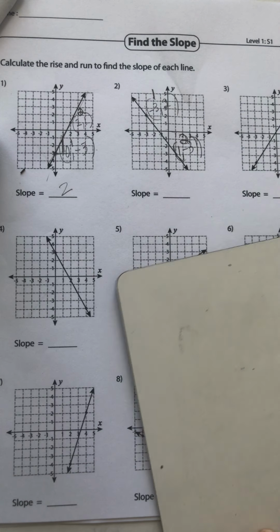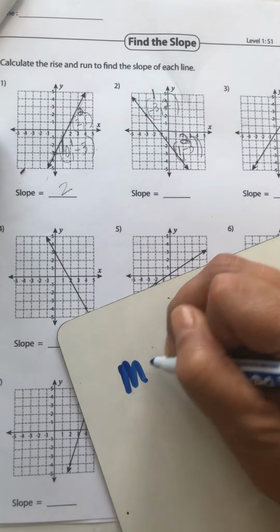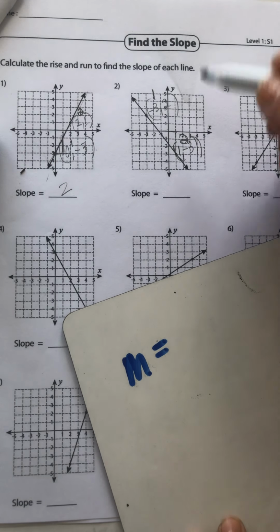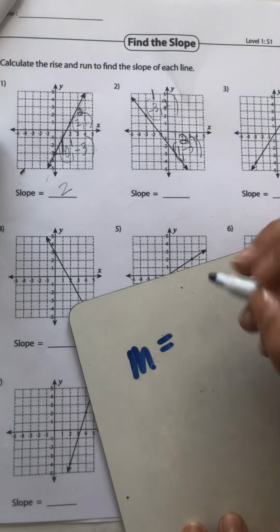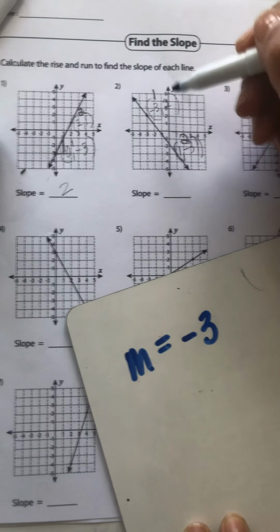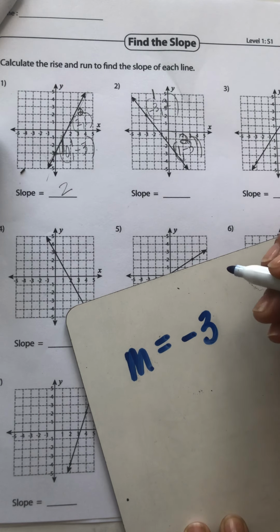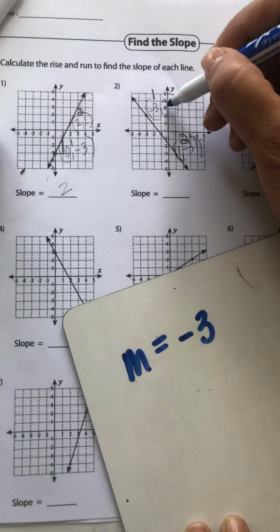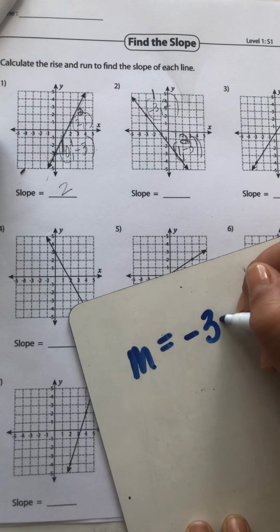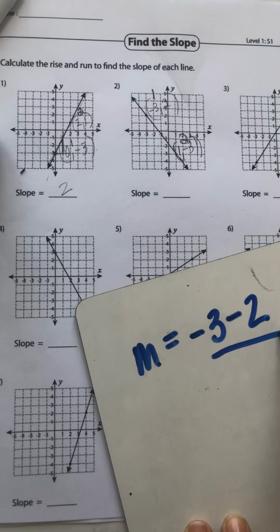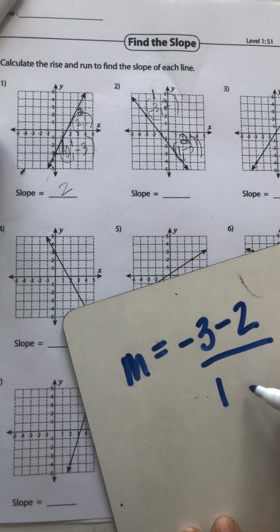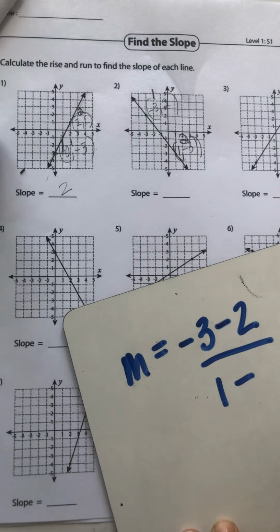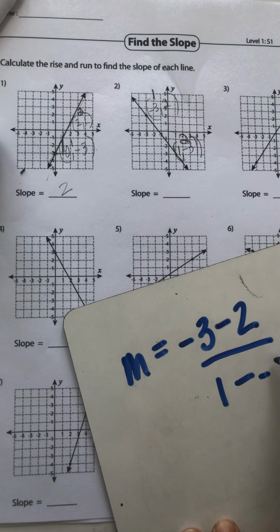So then I'm going to use my formula, m equals, and if this is point 2, there's your y, so negative 3, and there's my y1 up there, minus 2, over, here's x2, that's 1, minus x1 is negative 3.